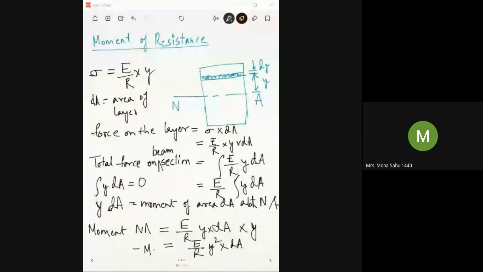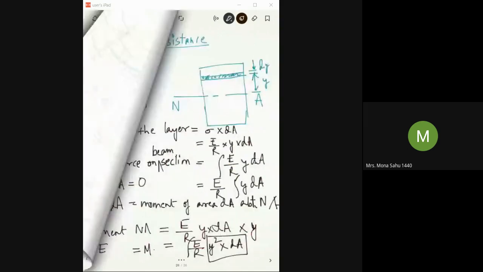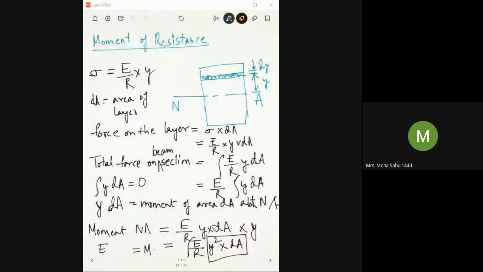If you integrate it, taking the full section, this part is nothing but I. So it is E by R into I. This is the main formula now.